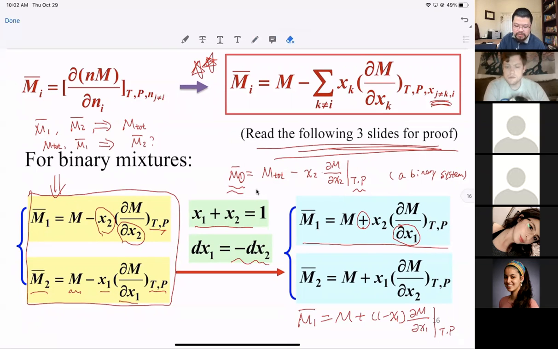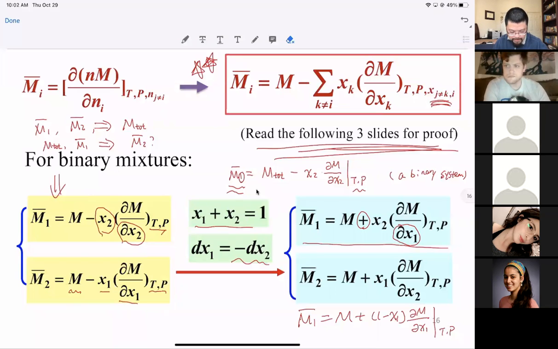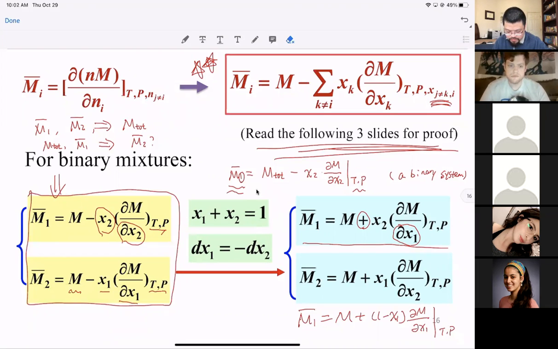We replace x2 by 1 minus x1. We replace dx2 by negative dx1. Okay? Sounds good. All right, so move forward.